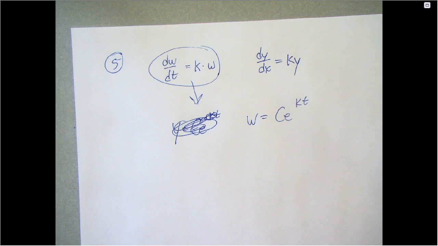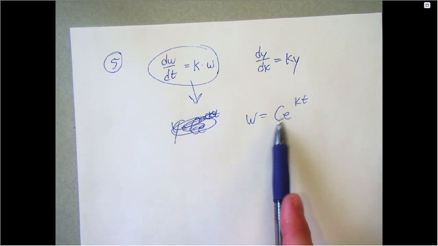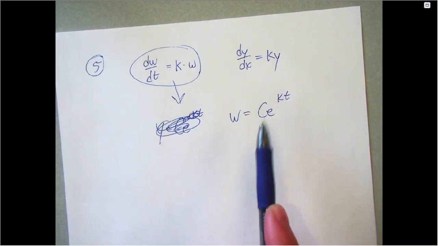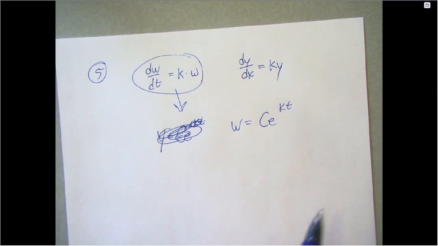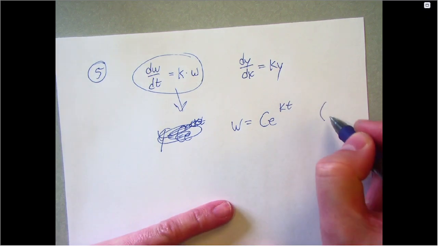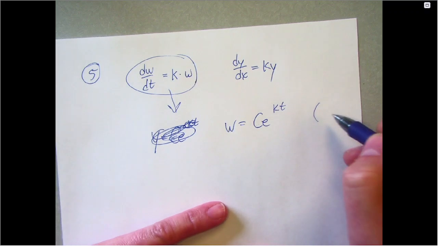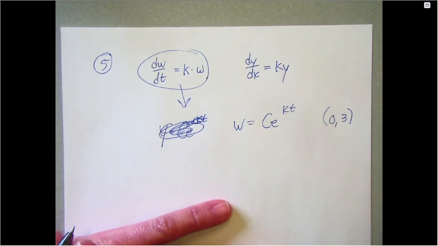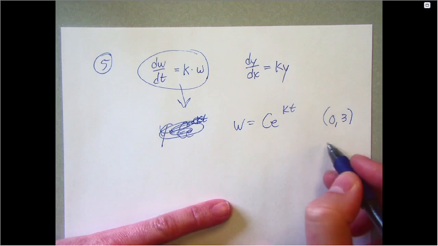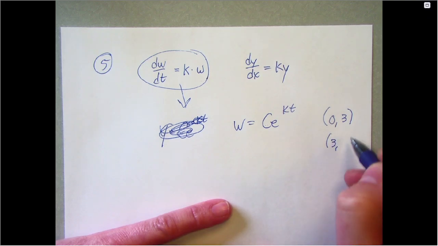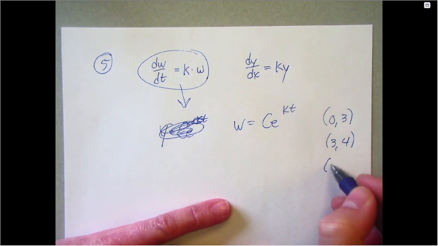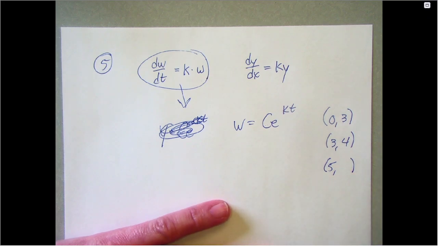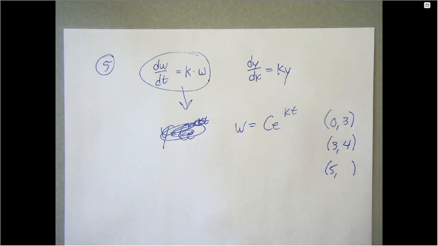And they're asking me a different question here. So that's the equation I need to use. This is the differential equation that I just shortcutted to here. And I have to answer a question, so they give me 3 pounds at birth. So when 0 time has passed, they weigh 3 pounds. And then when 3 months have passed, it weighs 4 pounds. Question is, when 5 months have passed, what is the weight going to be?